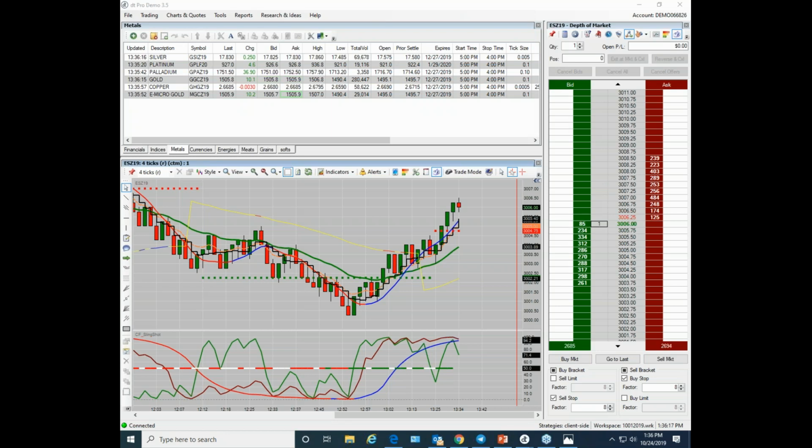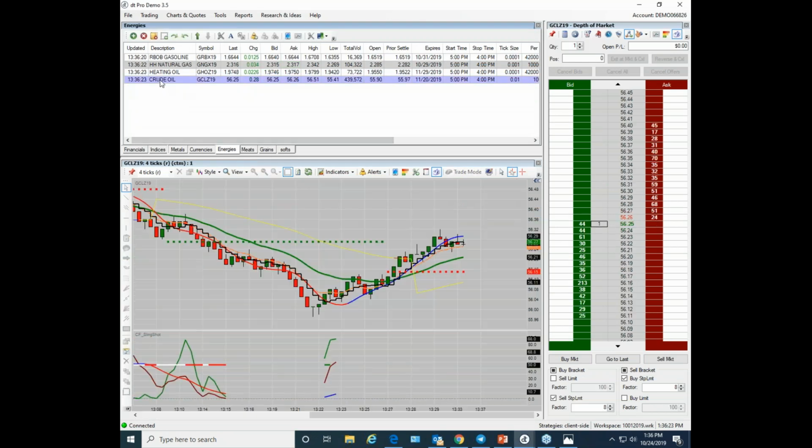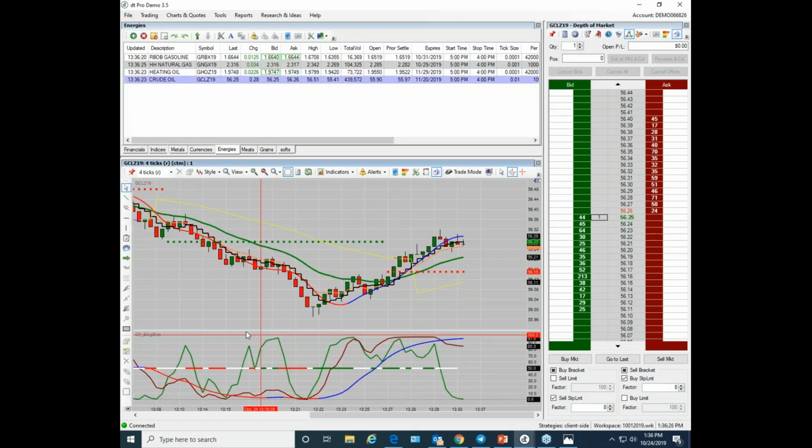So let's go fishing somewhere else. Michael has a lot of success in crude, so let's go check out crude. Here's another example. That's a trend line. Notice the first thing I just have it, boom. Grab a trend line and start drawing, okay?